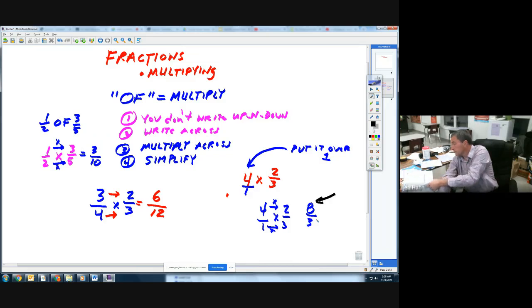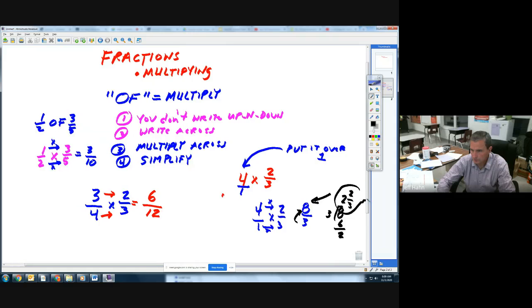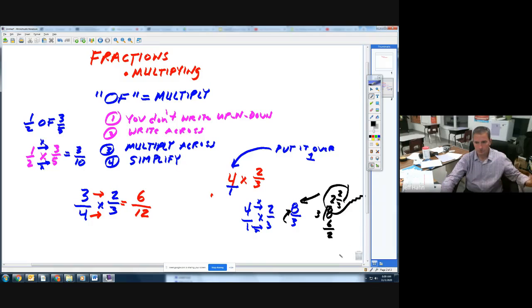We are definitely going to have to divide 3 into 8. 8 divided by 3 is 2, gives me 6, and my leftover is 2. I put 2 over the 3. So my answer is 2 and 2/3 for that one there.